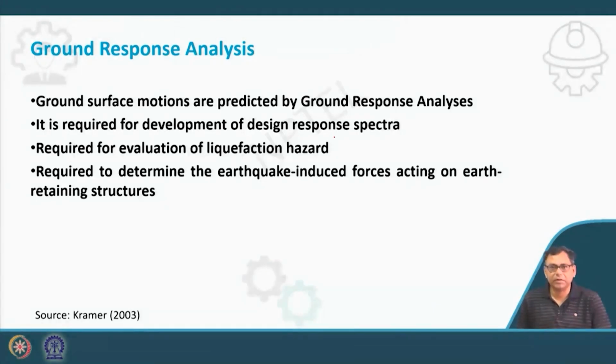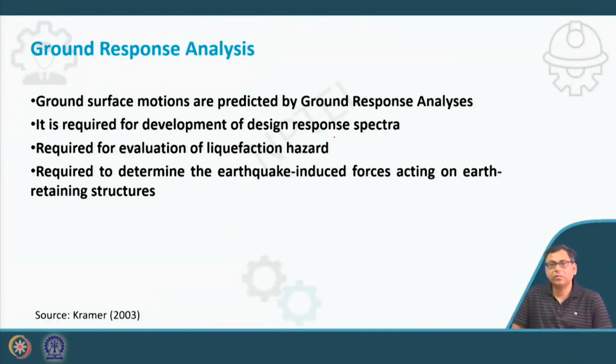Now, how will that bedrock motion go to the surface, and from the bedrock motion data how can we determine the ground surface motion?